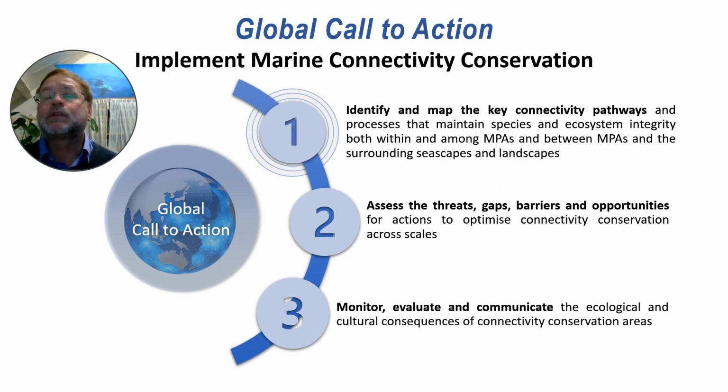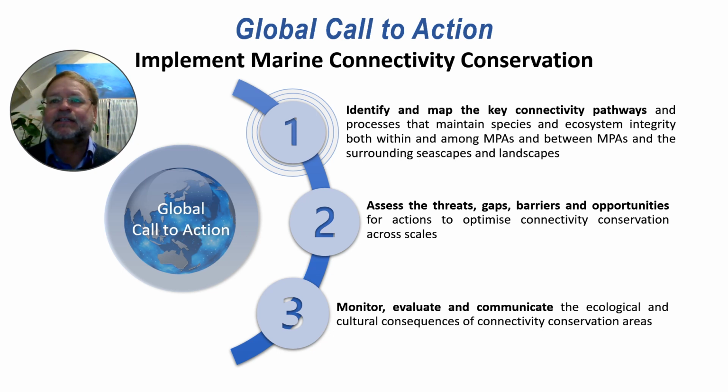As we race towards a 30 by 30 area target for MPAs, we should also evaluate what we can do to improve connectivity conservation both within and between existing MPAs, to inform expansions of existing MPAs and to better place new MPAs. We can identify and map key connectivity pathways that maintain species and ecosystem integrity both within and between MPAs and the surrounding seascapes and landscapes.